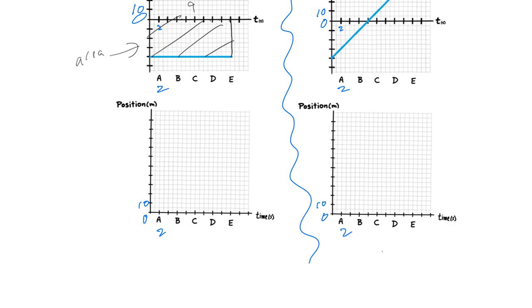So 90 is the base, and the height is 2, 3, 4, 8 seconds. So 90 times 8 is 720.